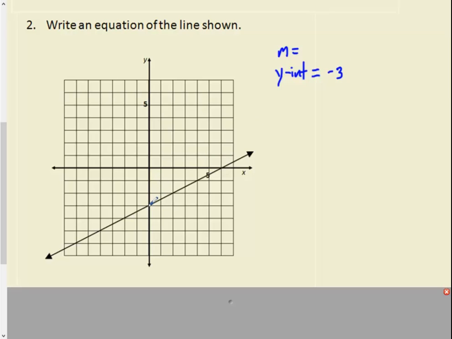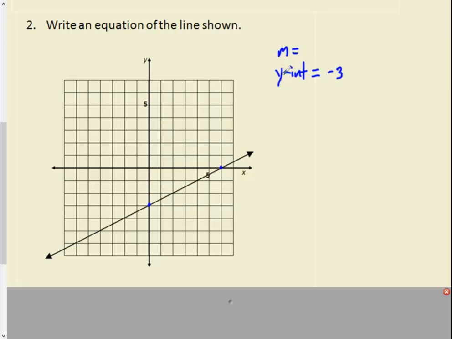And then from there, we want to find another point on the line, preferably one that's at the intersection of two grid lines, like here, or let's go ahead and go here. And remember, in this case it doesn't matter, but very often we're better off picking points that are further apart rather than close to each other.